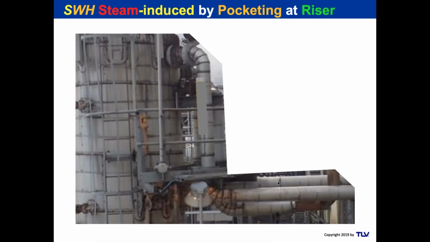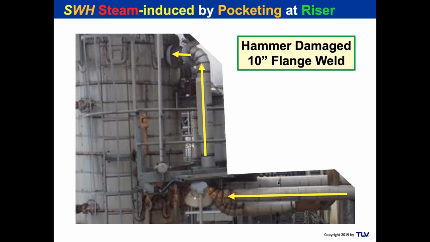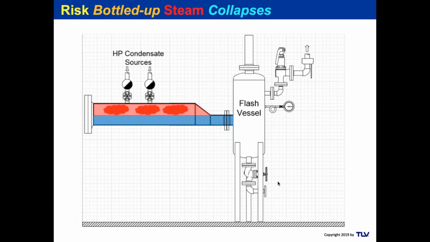So here is a place in Africa. They had a little problem with this 5 or 5.5 meter high flash drum. They had a lot of pocketing. They were blowing apart the valve at the top. They were damaging the flange. Here's another flash vessel issue that can happen if you're on a design group or an EPC.